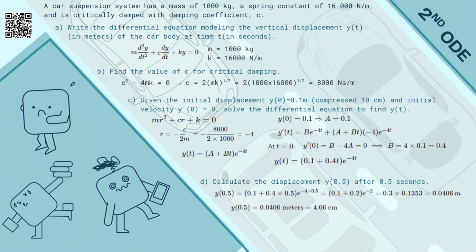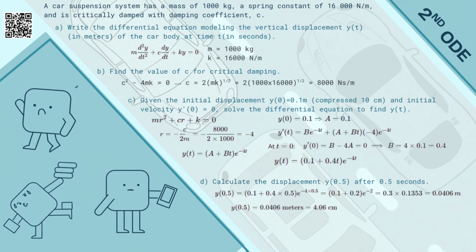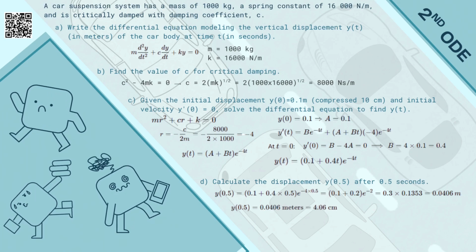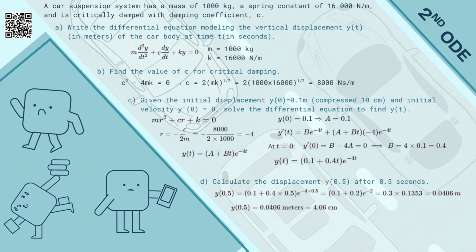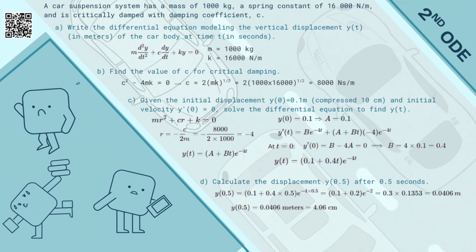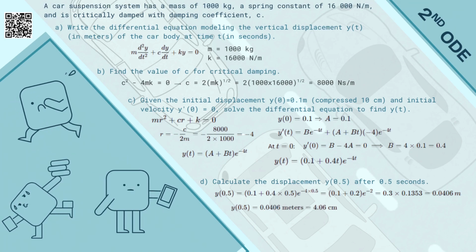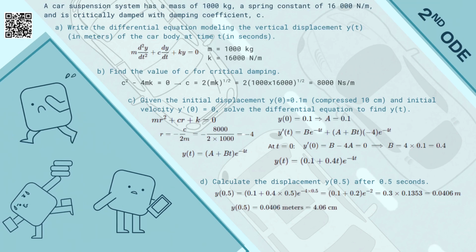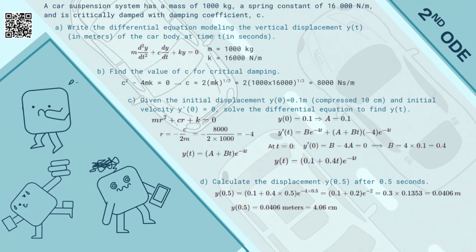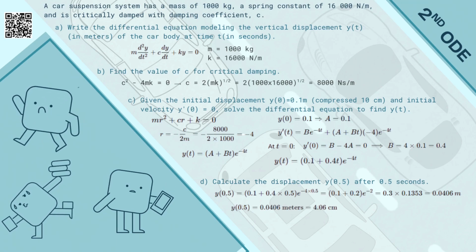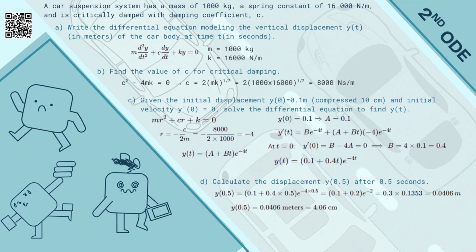Given the initial displacement equals 0.1 meter, we know that our amplitude will be 0.1 meter also. And since the velocity is 0, and velocity is the differential of displacement over time, we differentiate, and then we get the velocity equation.